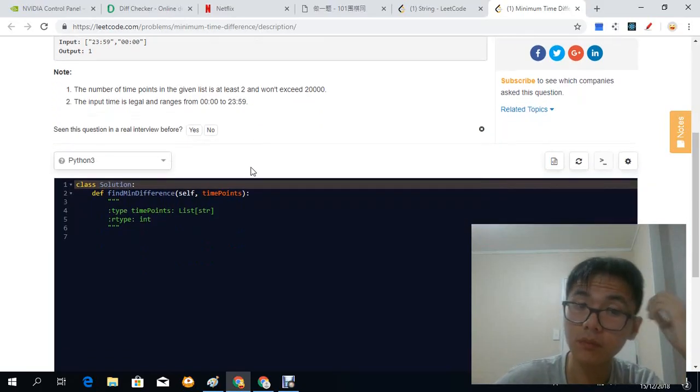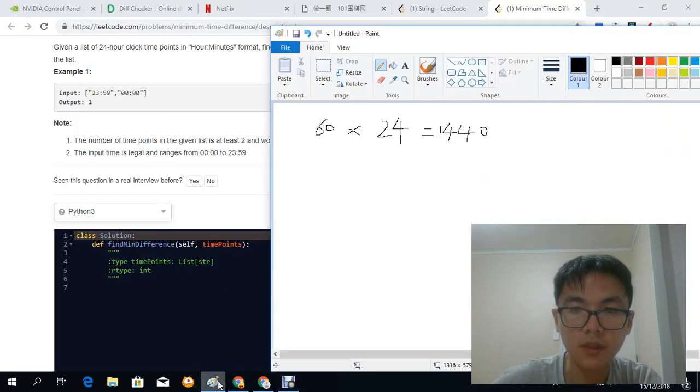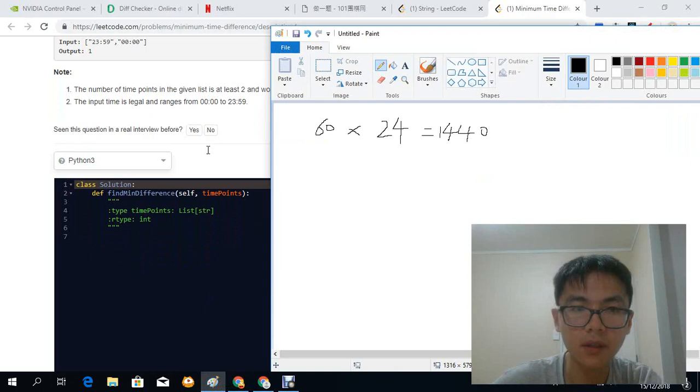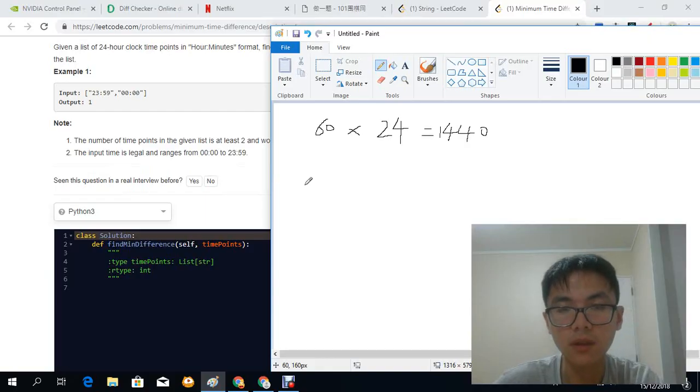Okay, so how are we going to solve this problem? To solve this problem, there is no algorithm to apply, just the procedures.